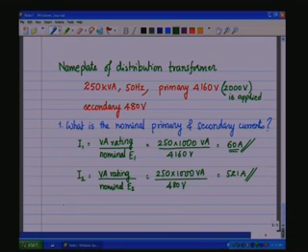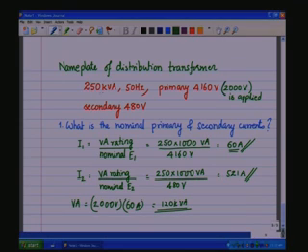Therefore, if I apply 2000 volts, then the VA is 2000 volts into 60 amps, which is 120 kVA.